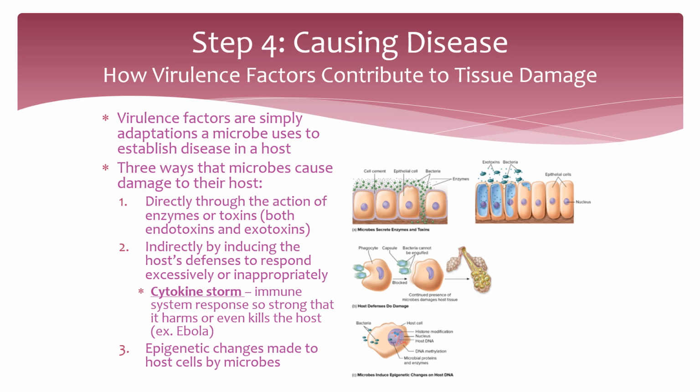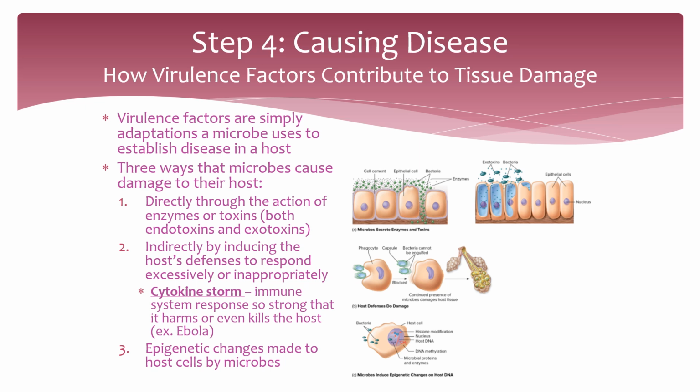So make a little note to highlight or underline this, and we'll talk about that a little bit more in a second, but I'm going to give you a very brief idea of what a cytokine storm is. That is where our immune response to the disease, those microbes themselves, is so strong that we end up harming our own healthy cells.